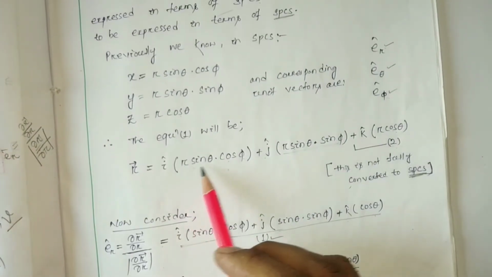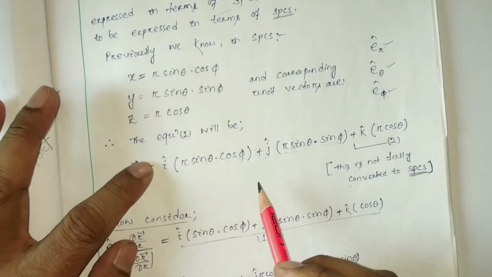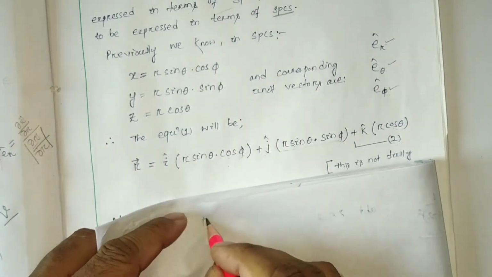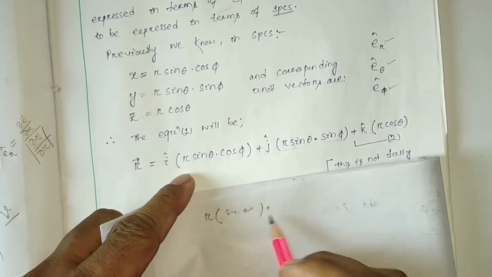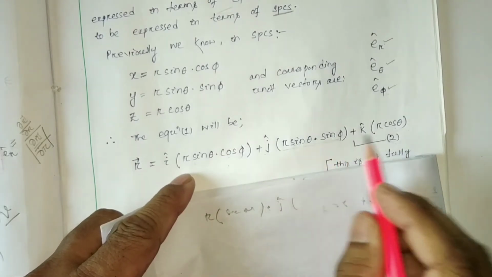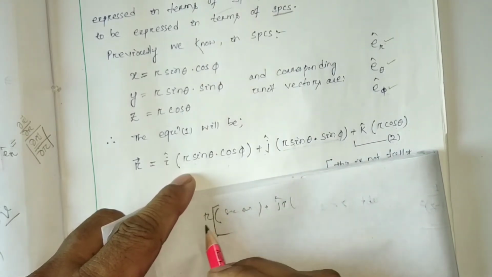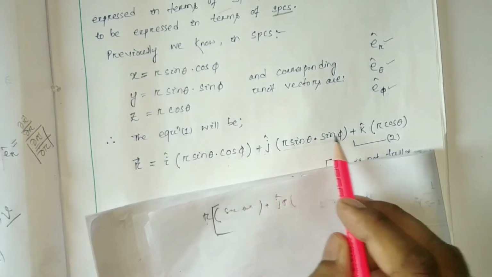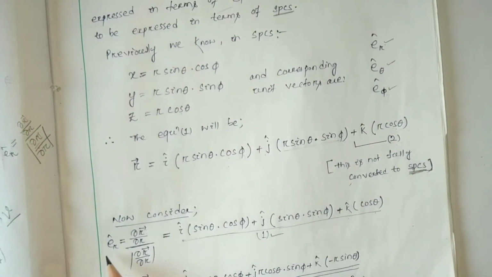So if I take r common from these three terms, what can I get? Here you can see r taken outside, then it will be sin theta cos phi i cap plus j cap sin theta sin phi plus k cap cos theta, which is nothing but your e r cap.